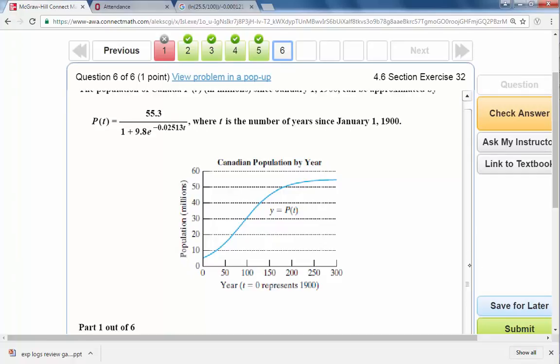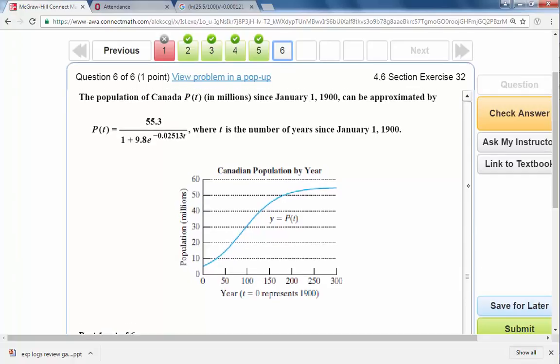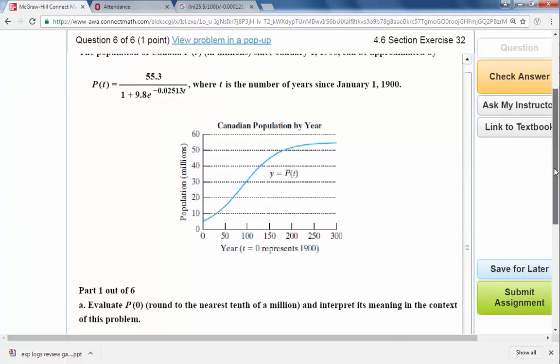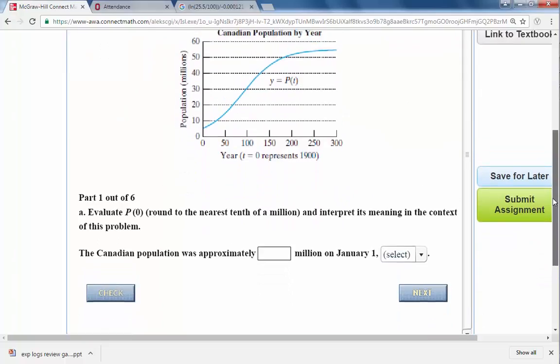Let's read the main statement. Where is the question? As the population, and so on, and here is on the bottom. Let's keep this one here. You need to first understand what P0 means. Where is 0 on the x-axis? Right here.